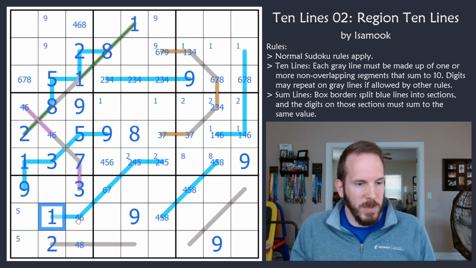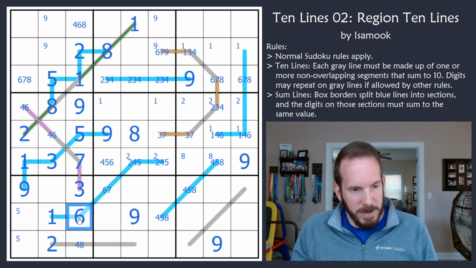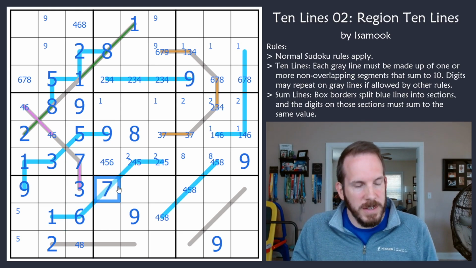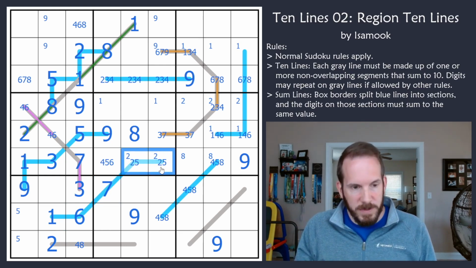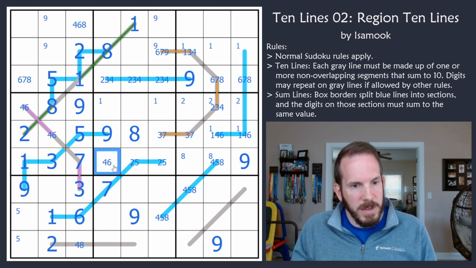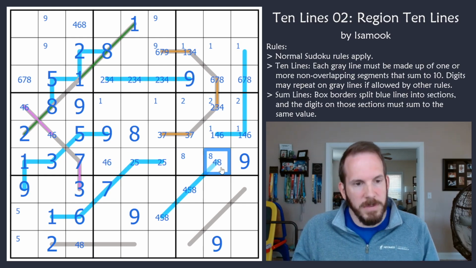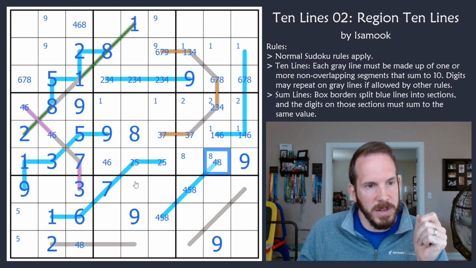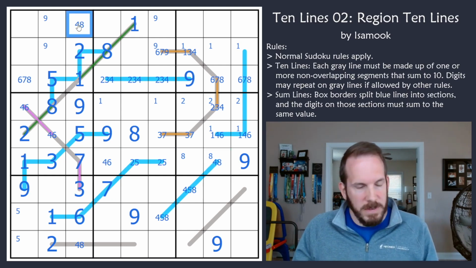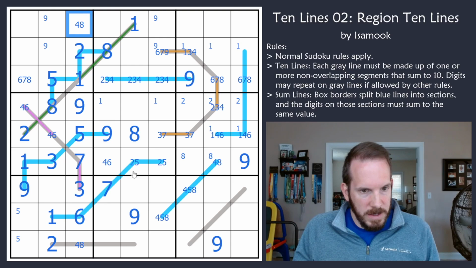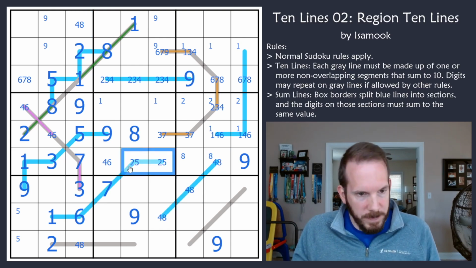And as soon as we get this 1, we know this can't be 4, because that can't be 5. So that's 6, that's 7. And this has to be a 2, 5. That's not 5. That's not 5. Now we're getting somewhere. Okay, I've got this 6, so this is not a 6. I pulled 5 out of here, so these can't be 5. Because remember, these are the same digit.